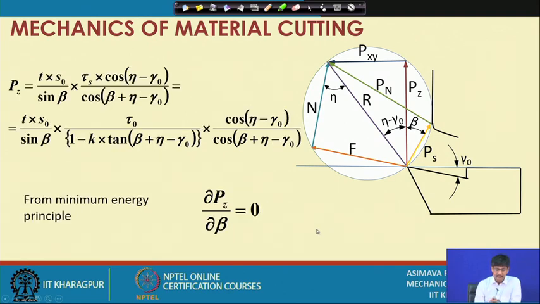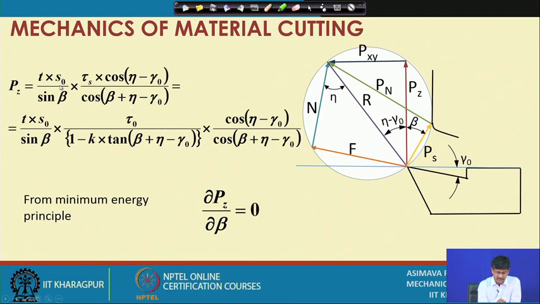So, we can replace tau s in terms of tau o, the constant portion of the shear stress, and this added term appears in the denominator.